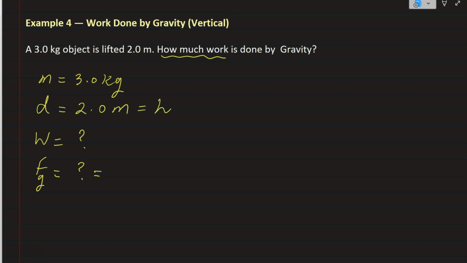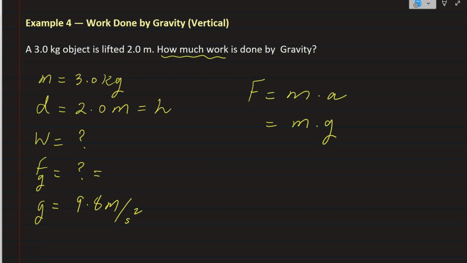And so remember that Newton's second law says F equal to ma, but in this case a is your acceleration due to gravity, and that is 9.8 meters per second squared. So this becomes F equal to mg, okay?